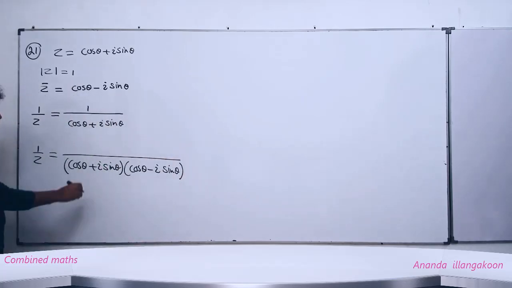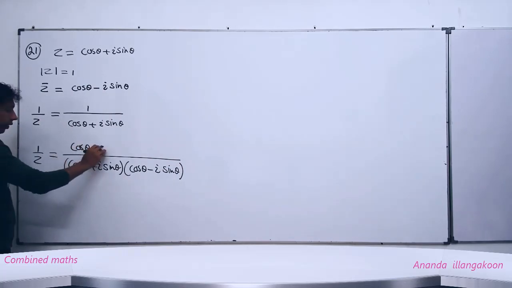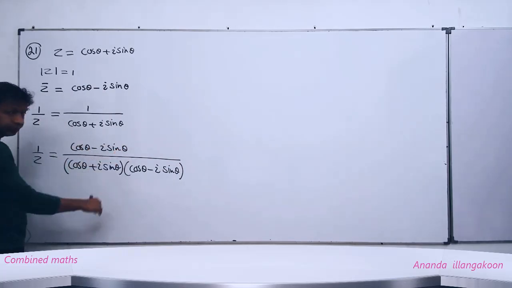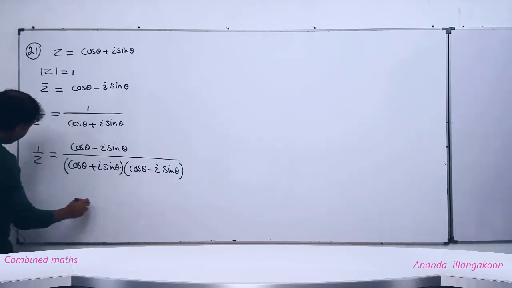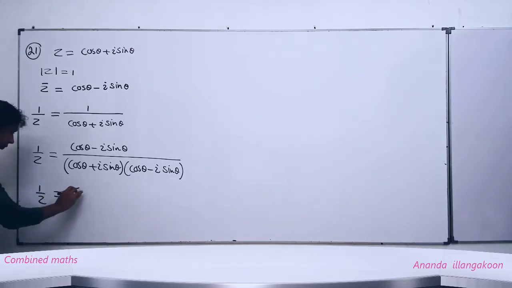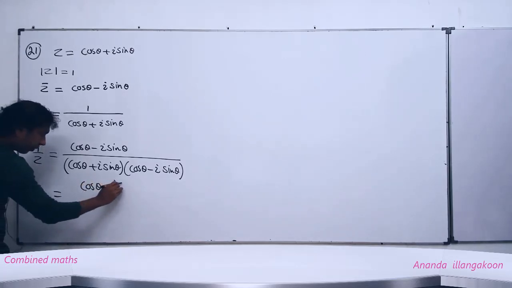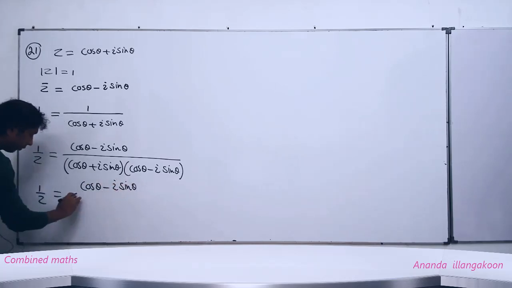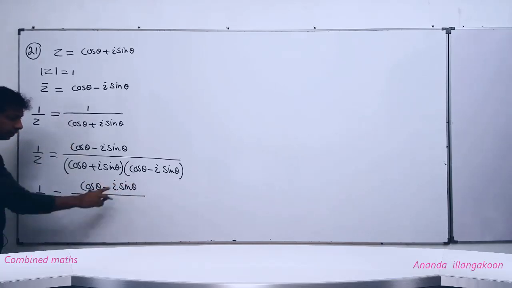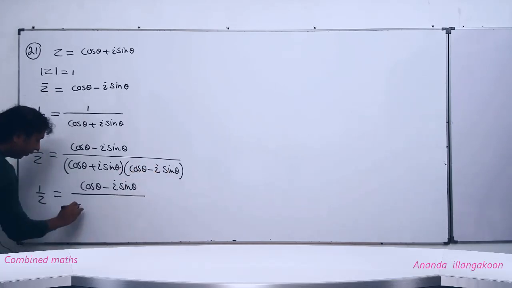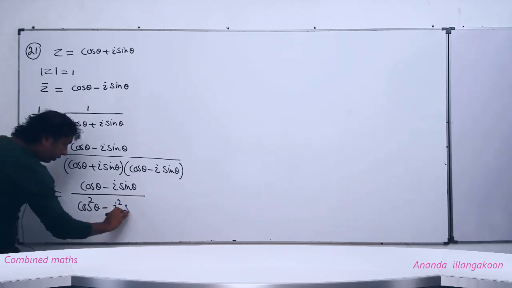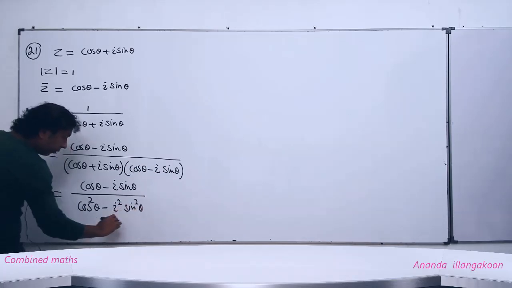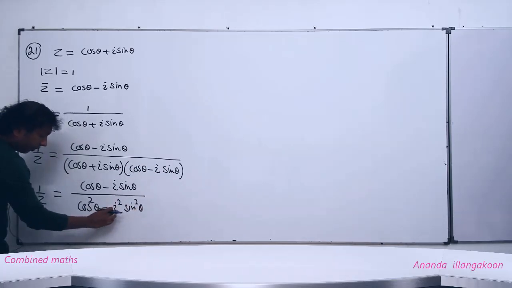Then here, cos theta minus i sin theta, and this is a plus b into a minus b, which is a squared minus b squared. It is now cos squared theta minus i squared sin squared theta. i squared is minus 1, and that minus and this minus make plus.